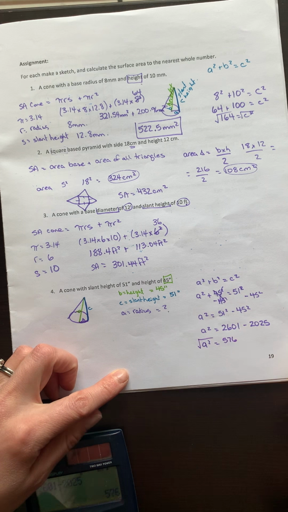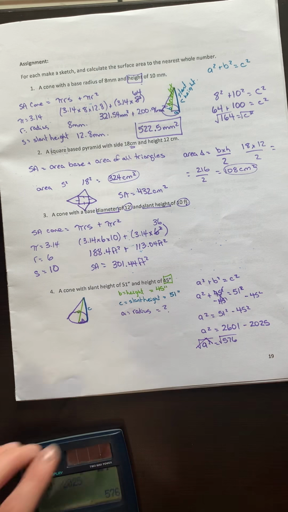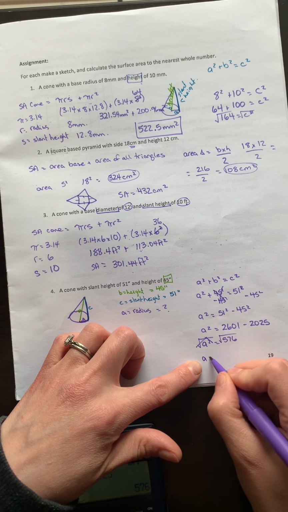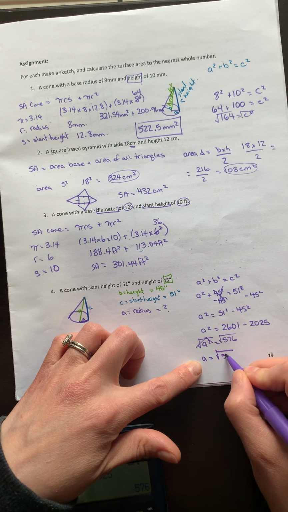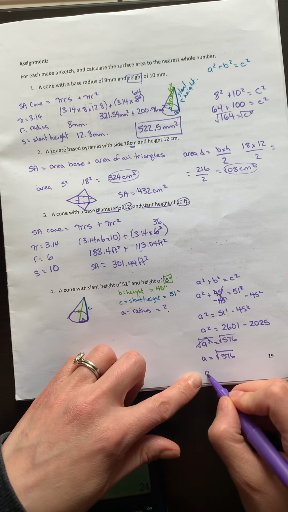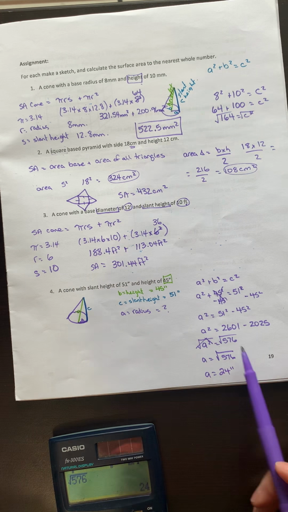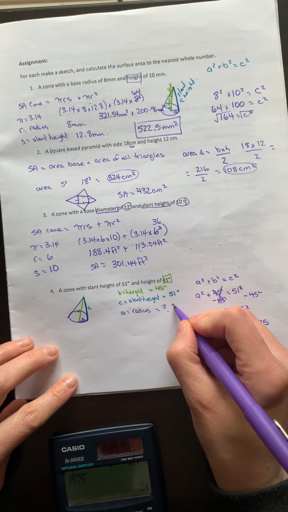Now I need to do a square root for A. This will cancel that off, and I'll have A equals the square root of 576. So I can square root 576, which gives me 24. So A equals 24 inches. So now I have my radius. My radius is equal to 24 inches.